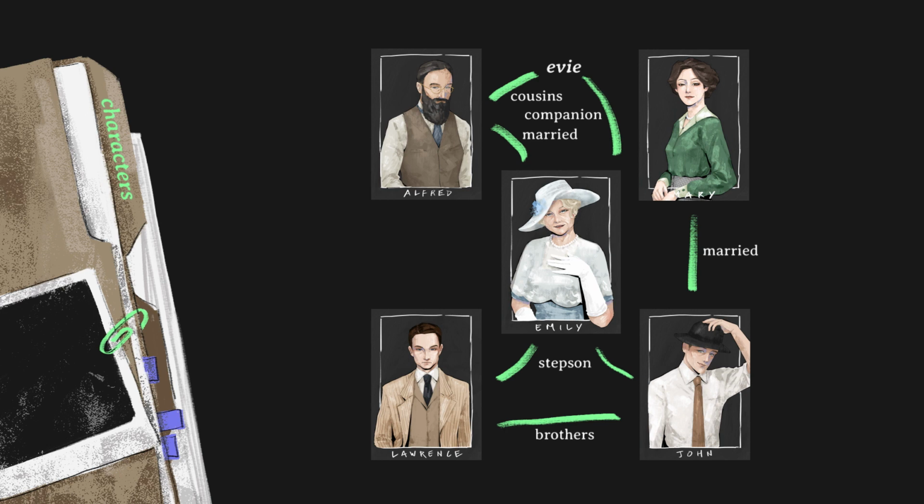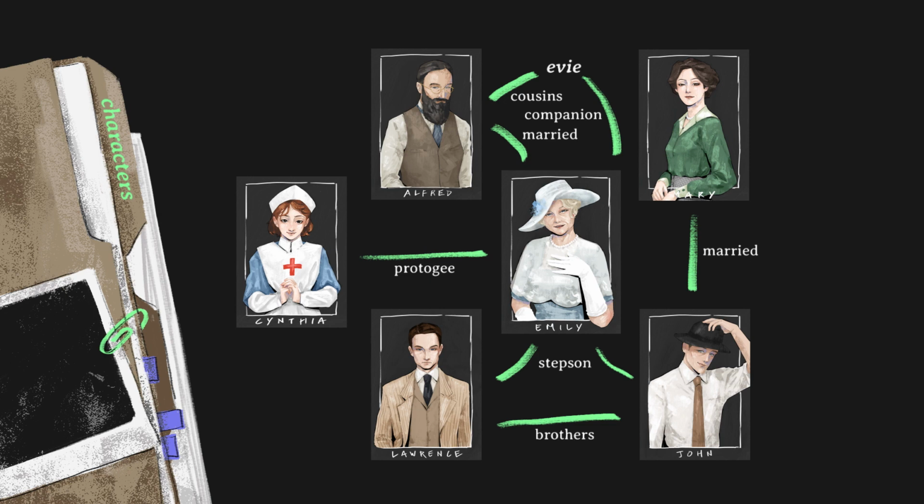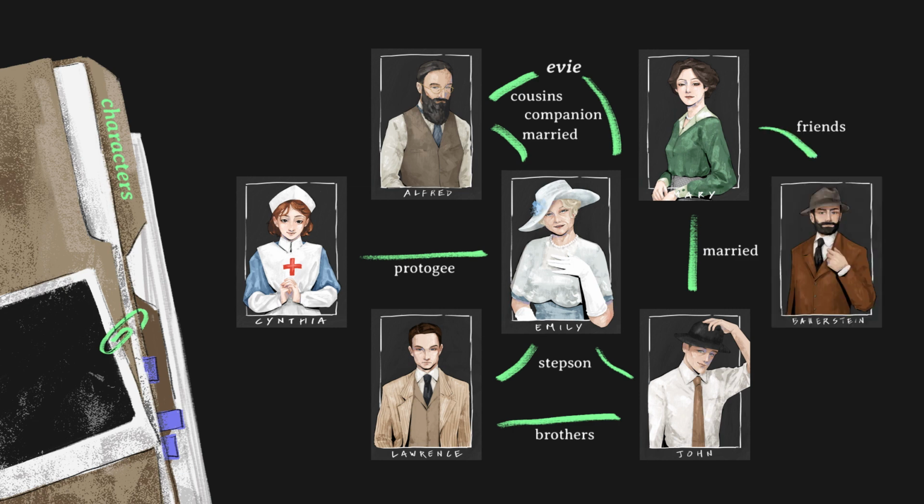Maybe not in the murder, but certainly in the family. And then we also have Cynthia Murdoch, who is this orphan girl that Mrs. Inglethorpe takes in. And then Dr. Bauerstein, who is Mary Cavendish's friend. And then Mrs. Rakes, who is allegedly having an affair with Alfred, but we don't know much about her yet.